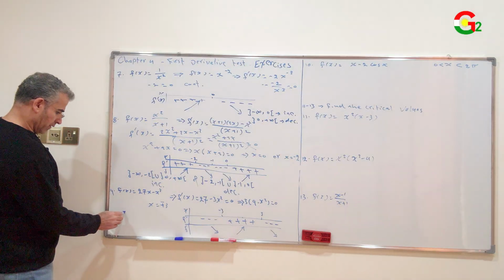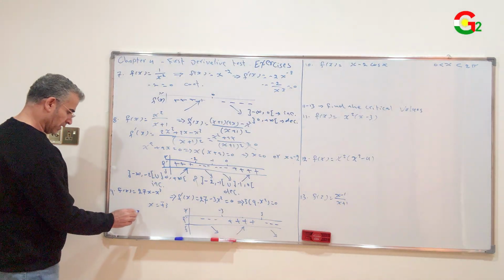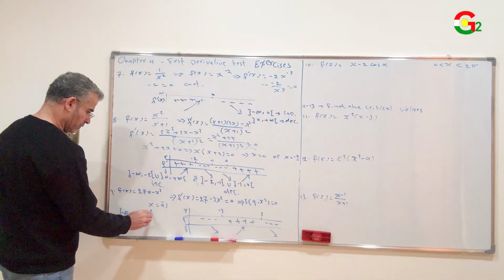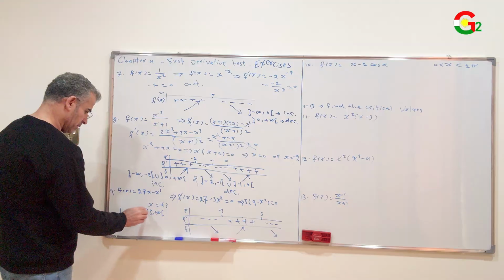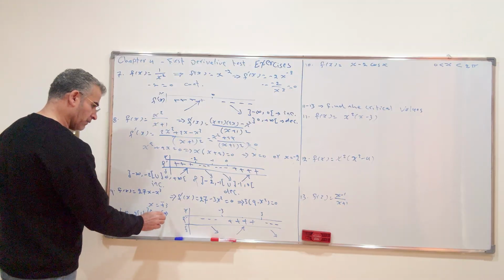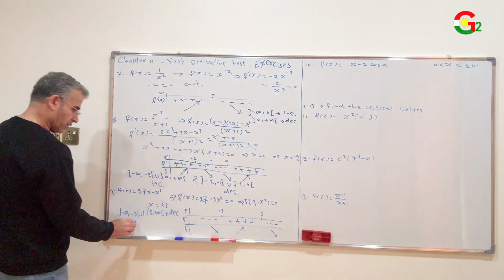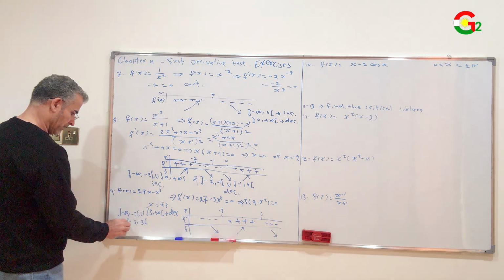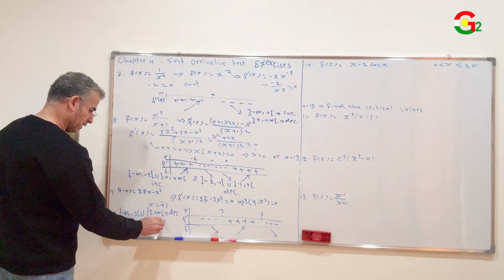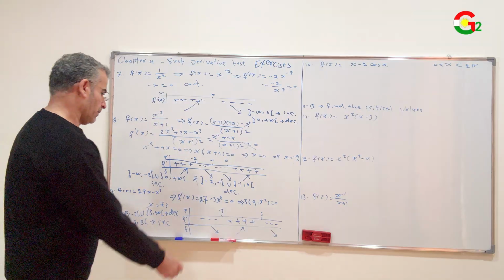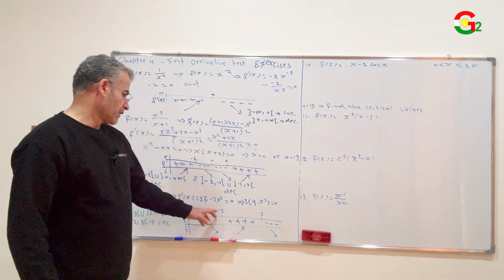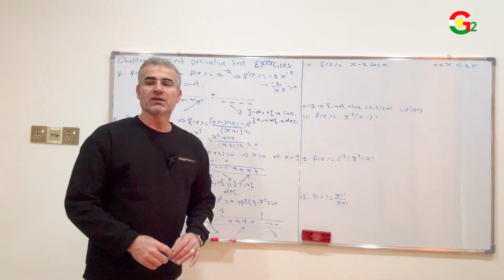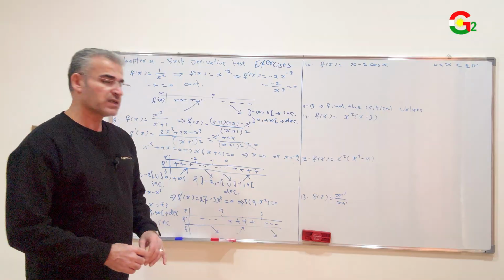Negative infinity to negative 3, union 3 to positive infinity, these two intervals are the intervals of decreasing. From negative 3 to 3, open interval, is the interval of increasing. The point x equals negative 3 is a local minimum point for this function, and x equals 3 is a local maximum point of this function.